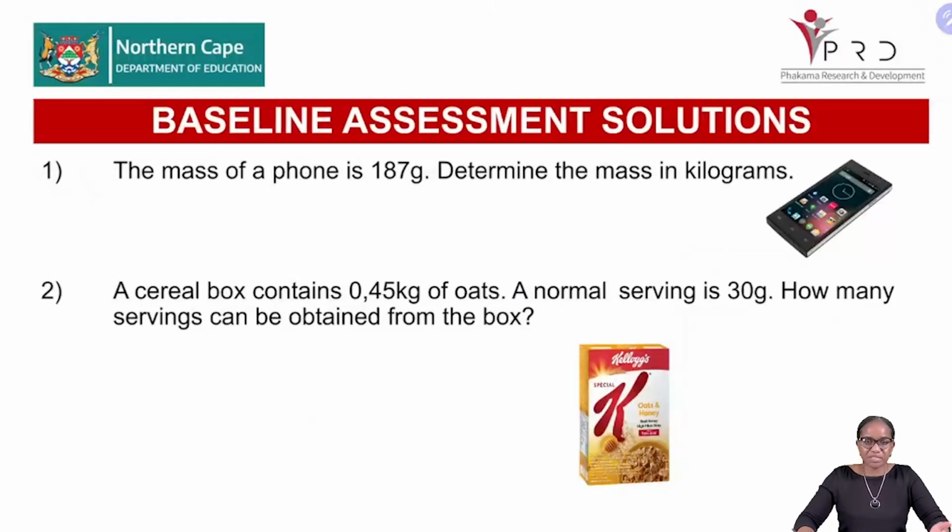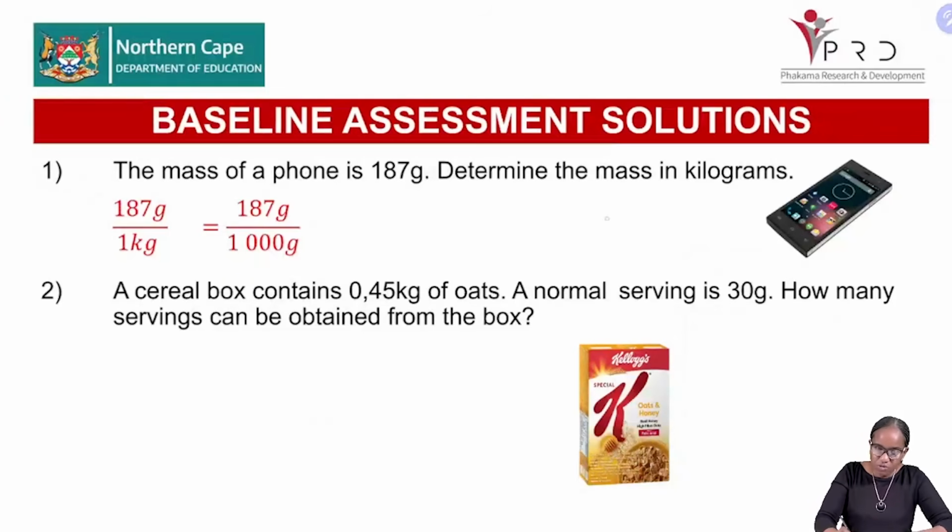What we simply have to do is to convert 1 kilogram to grams and then make it a fraction of the 187 grams. So there we have it, 187 grams over 1 kg is equal to 187 grams divided by 1,000 grams, because we all know that 1 kg is equal to 1,000 grams.